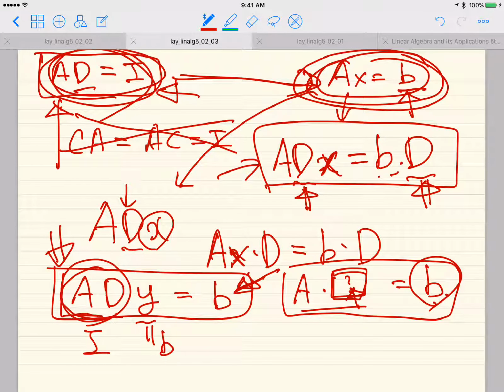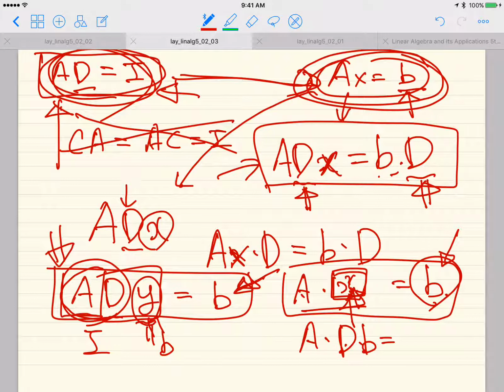For whatever given b, if we plug in y becomes b, so if we plug D times b here in the place of this x, then A times D will become just b. So this will be equal to the given b.